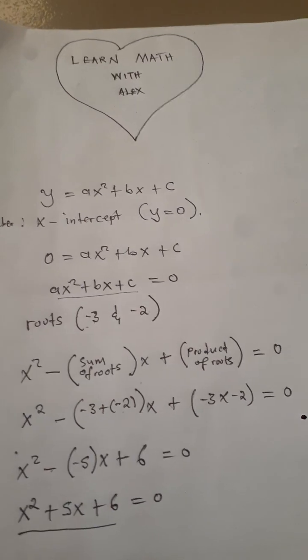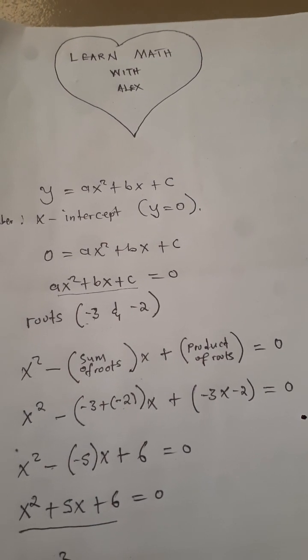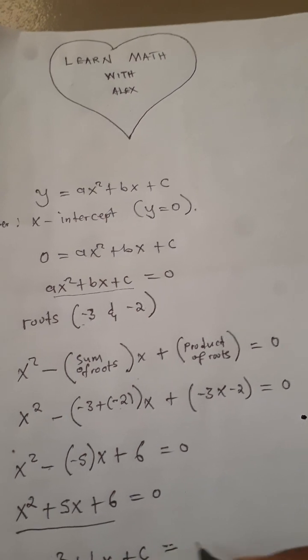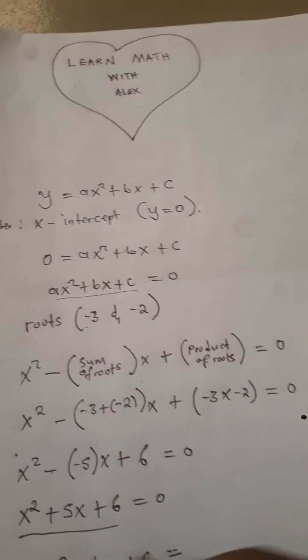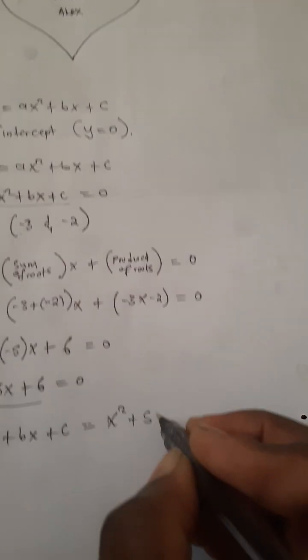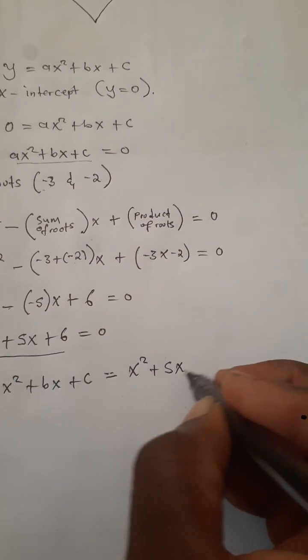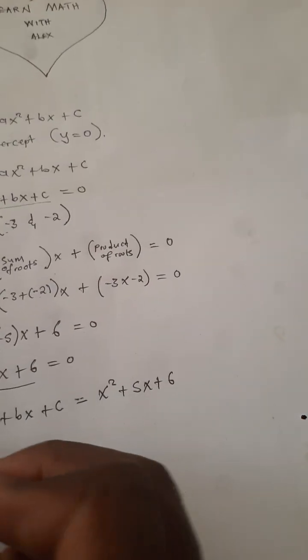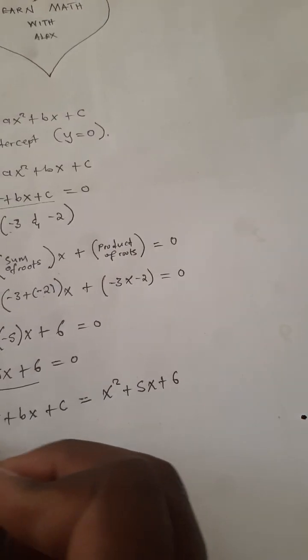We know that this quadratic expression must be equal to the standard quadratic expression, so just compare the two. ax squared plus bx plus c is equal to the expression that we found, which is x squared plus 5x plus 6.